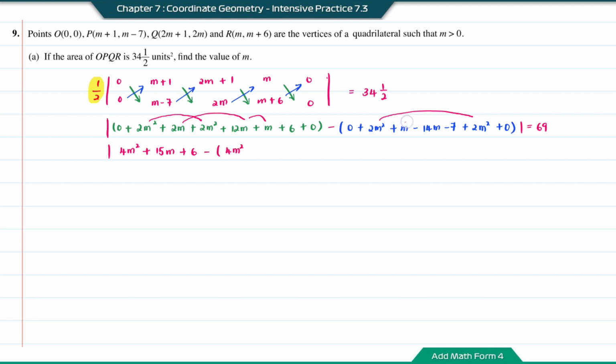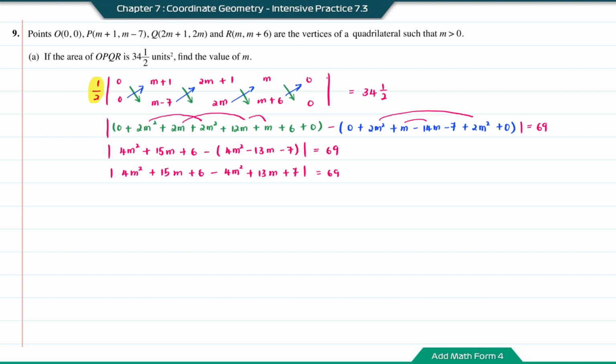So the plus m minus the 14m, we're going to get negative 13m, then minus 7. So this is equal to 69. So next, we're going to get everything out of the bracket. So this will be minus 4m squared plus 13m plus 7.